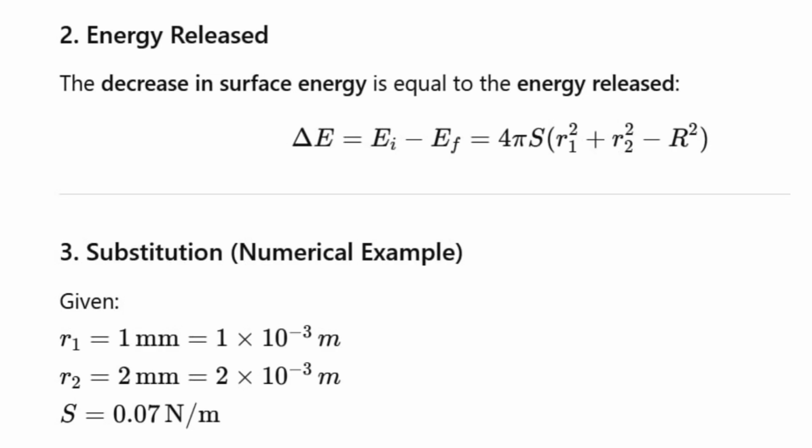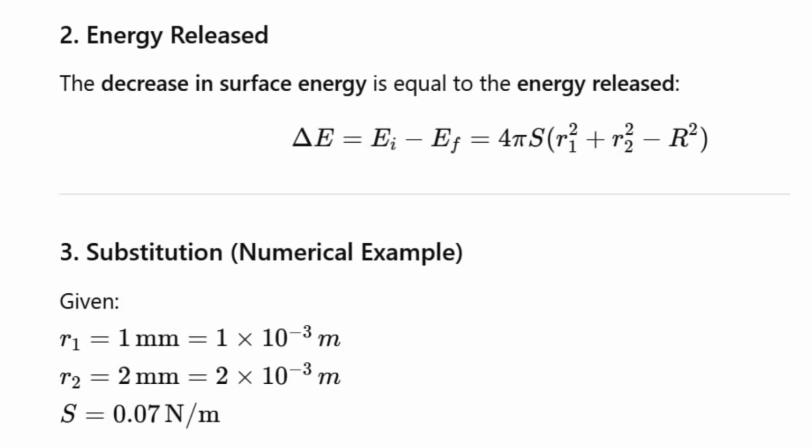Therefore, delta E is equal to EI minus EF, that is energy at the initial level, associated with the two drops, minus energy at the final level, once the two drops are mixed to form a bigger drop.